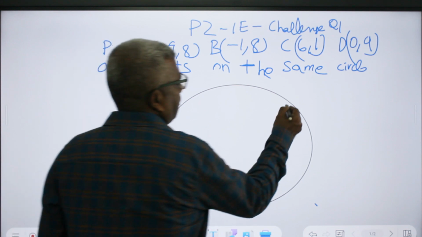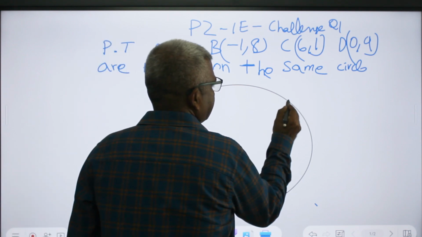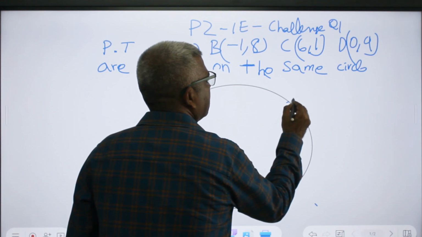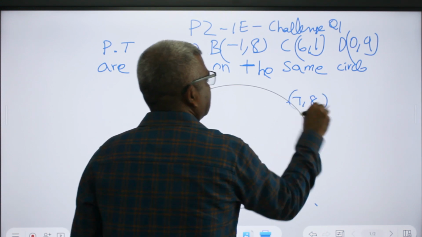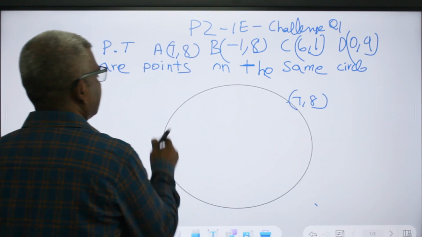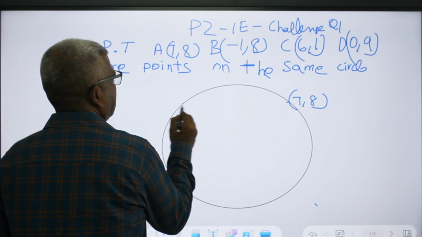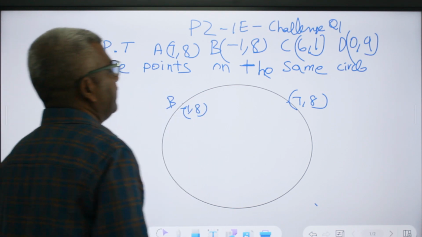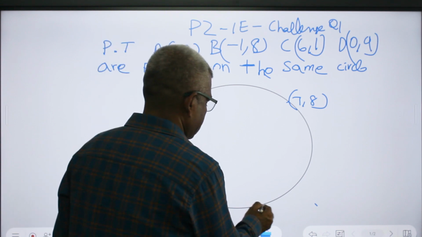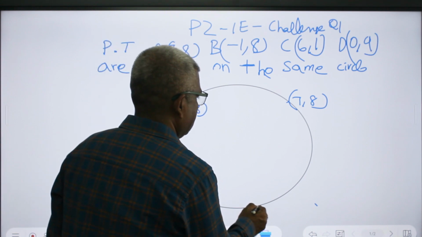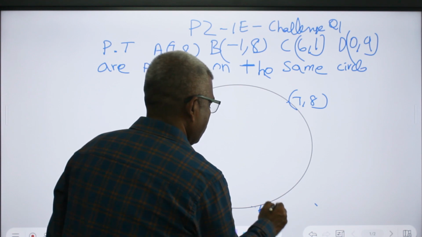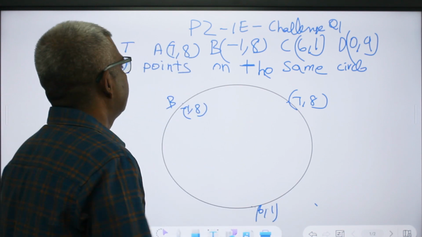A is (7,8), B is (-1,8), C is (6,1), D is (0,9).